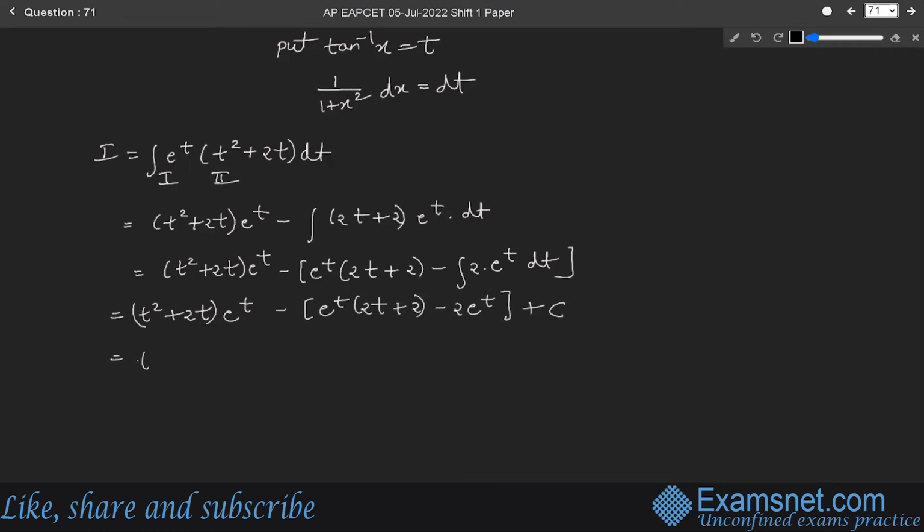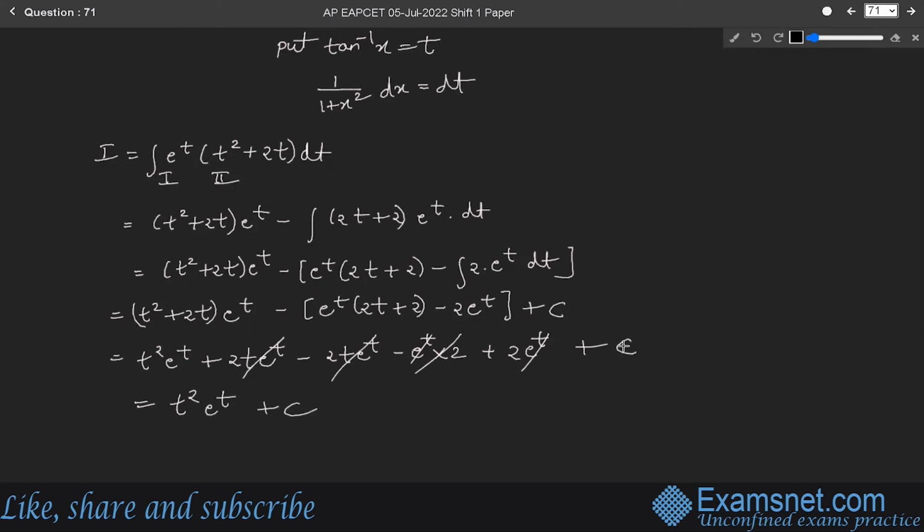On further multiplying, it will be t square e to the power t plus 2t e to the power t minus 2t e to the power t minus 2t e to the power t minus 2 e to the power t plus 2 into e to the power t plus c. You can see that 2t e to the power t and minus 2t e to the power t will be cancelled, and plus 2 into e to the power t and minus 2 into e to the power t will be cancelled. So the remaining terms will be t square into e to the power t plus c.